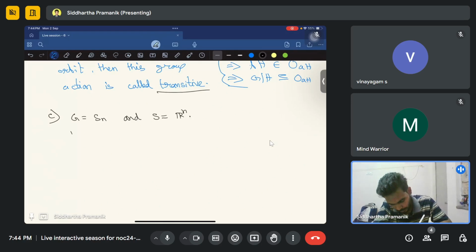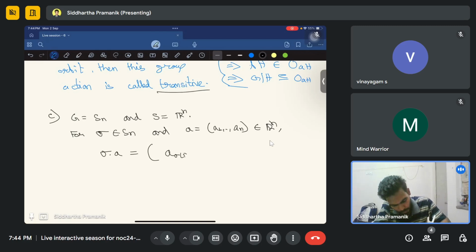Then for sigma belongs to S_n and element a1 up to an belongs to R^n, define sigma dot a as the n-tuple a sigma(1), a sigma(2), up to a sigma(n).